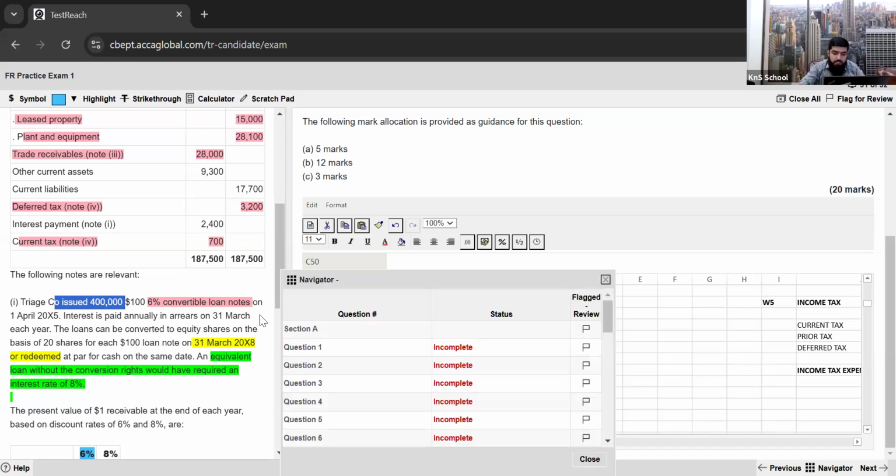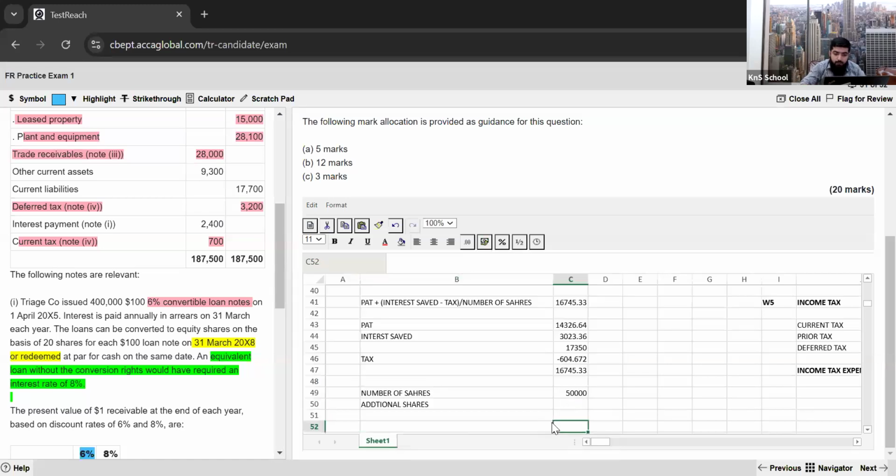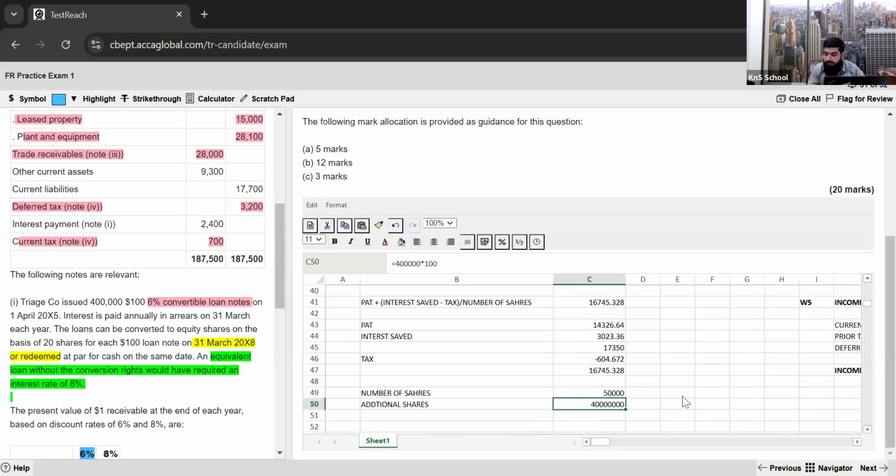So if we calculate 400,000 multiplied by 100, the total amount is 40 million. It means the convertible bonds are of 40 million.